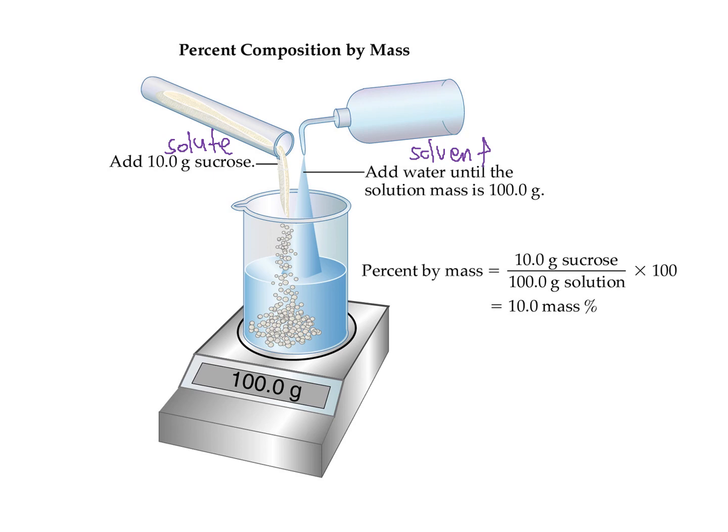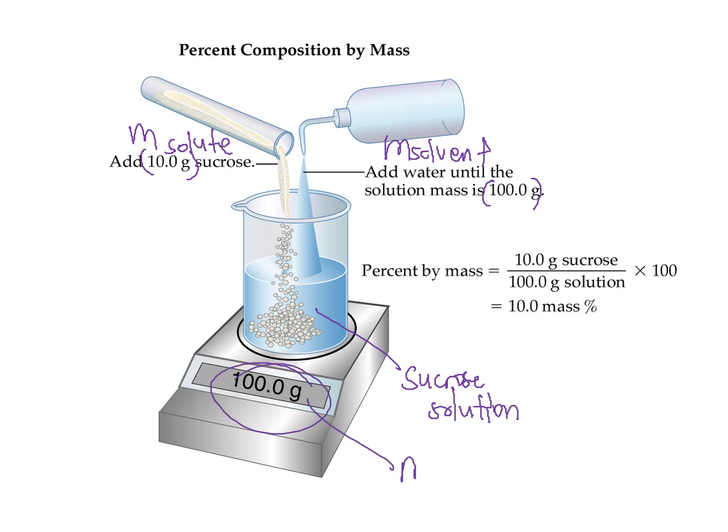Alright, 10 gram ni adalah berat solute, 100 gram ni adalah berat solvent. Tapi after dia add up, dia membentuk sucrose solution. Okay, and this 100 gram pula adalah mass of solution.